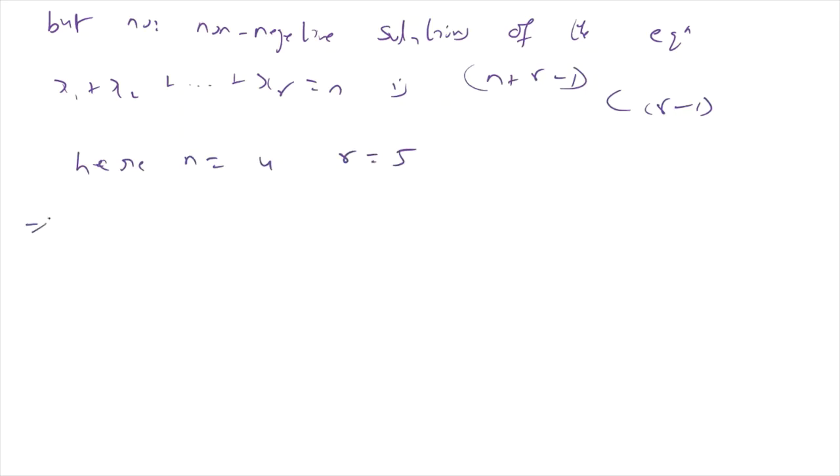So this implies 4 plus 5 minus 1, choose 5 minus 1, which is equal to 8 choose 4.